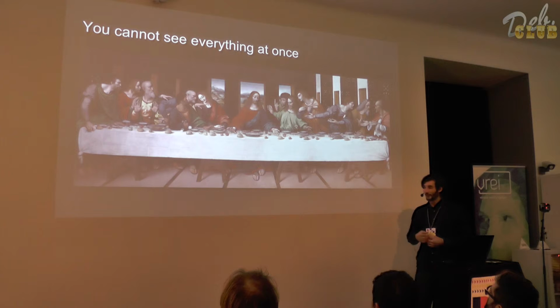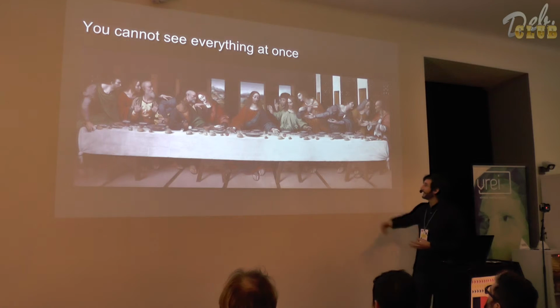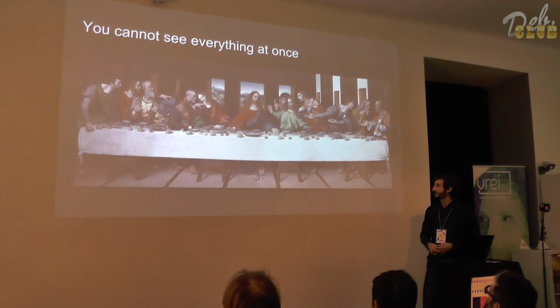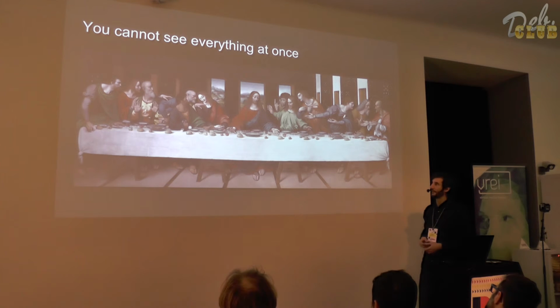Something that you also have to always keep in mind is you can't look at everything at the same time. We saw that before with this panoramic image. So let's take the example of the Last Supper again. We have many different things going on in this image, and maybe we can look at the image as a whole. But when we really want to look at the image, we have to go by parts.